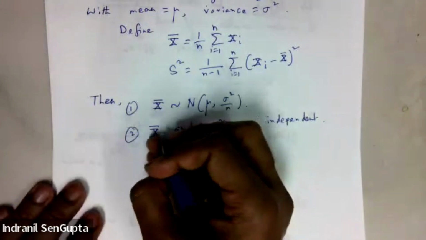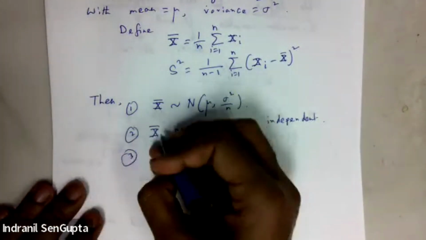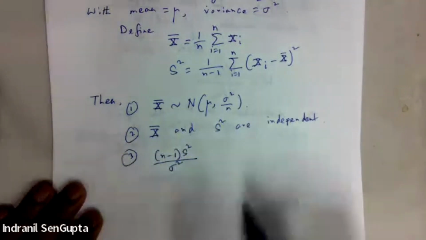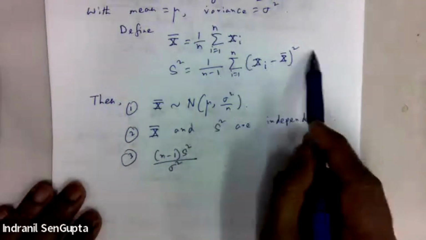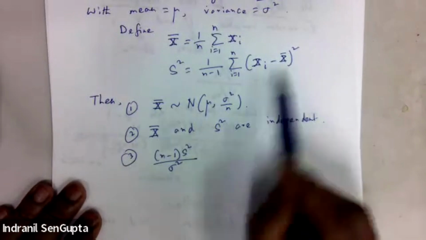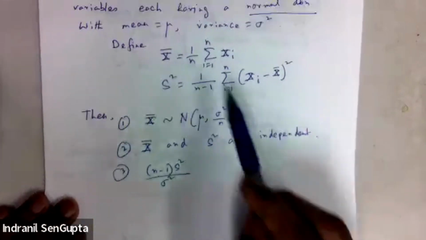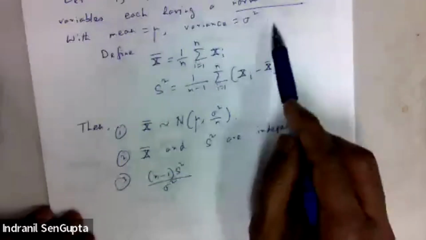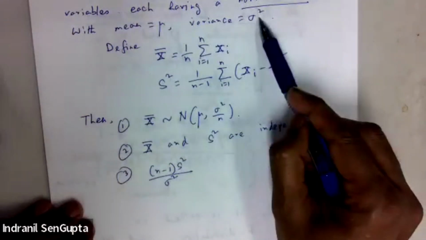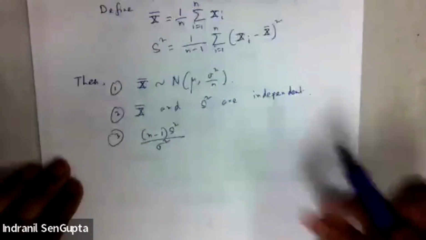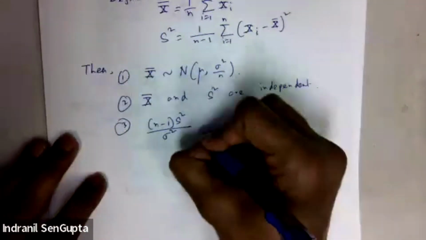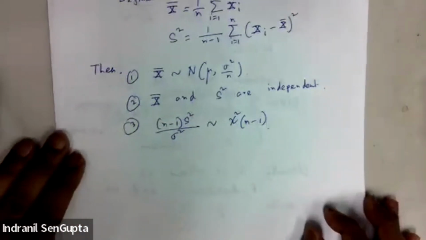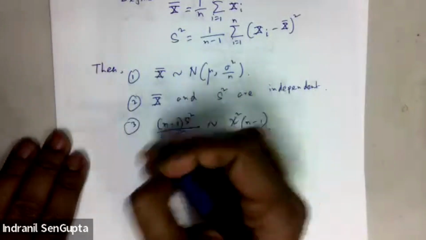Number 3 is (n minus 1) S squared over sigma squared. What is this quantity? (n minus 1) S squared is basically this sum, and I divide it by the population variance. Sigma squared is the population variance, S squared is the sample variance. So this has a chi-square distribution with n minus 1 degrees of freedom. We'll also be using this today.